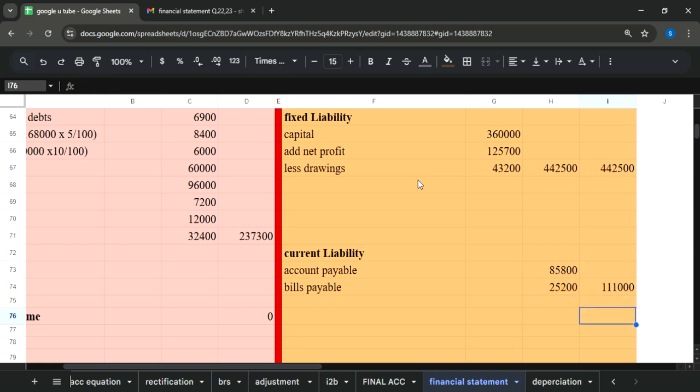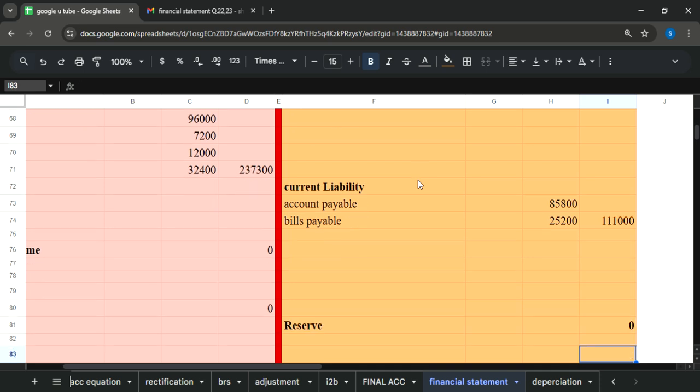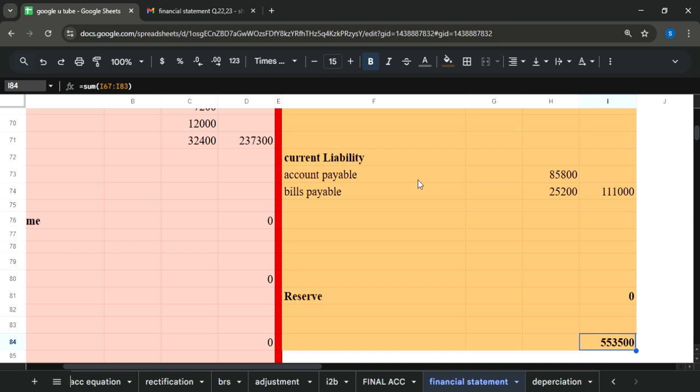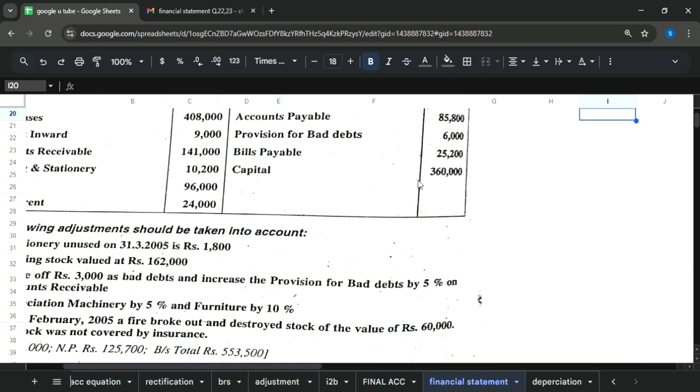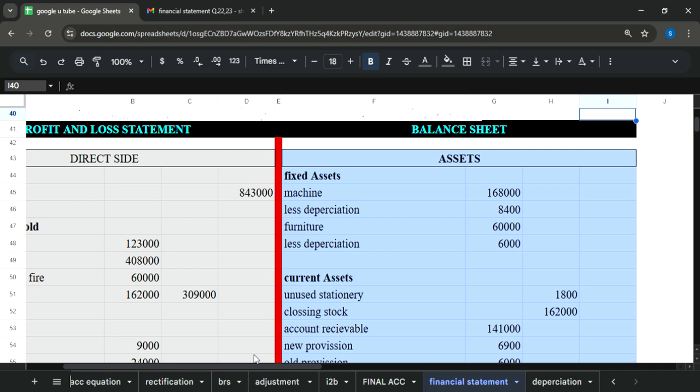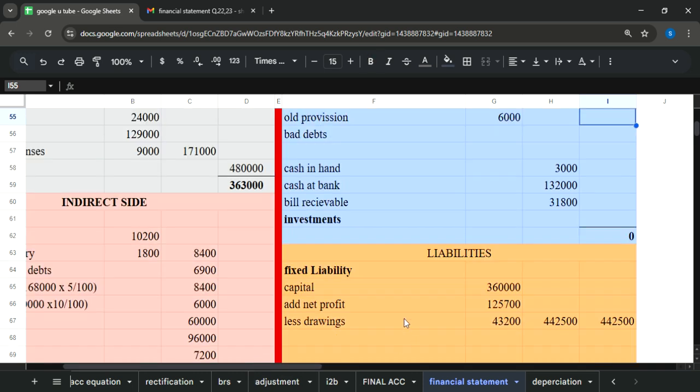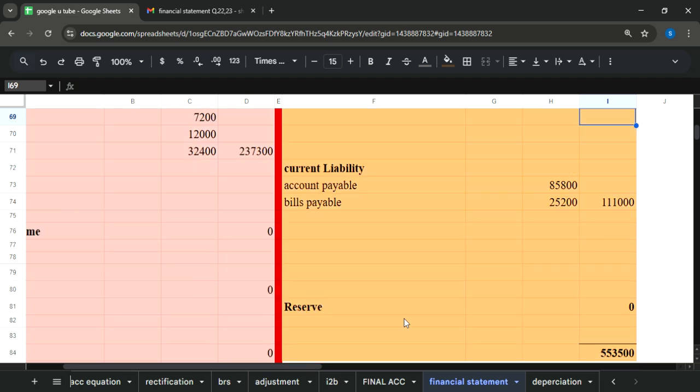So current liability side is also completed, after which no reserve is present, and here we have the sum 553500. Let's check our answer, and here you can see balance sheet 553500. In this way our liability side, that means 3 out of 4 parts, are solved, answer is matched.